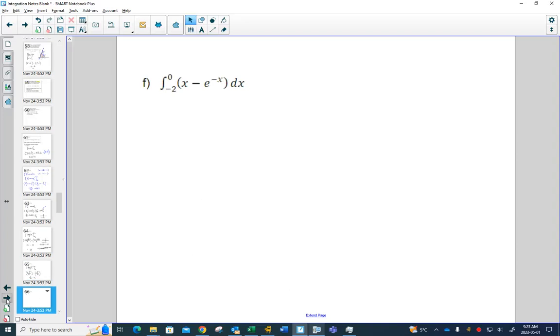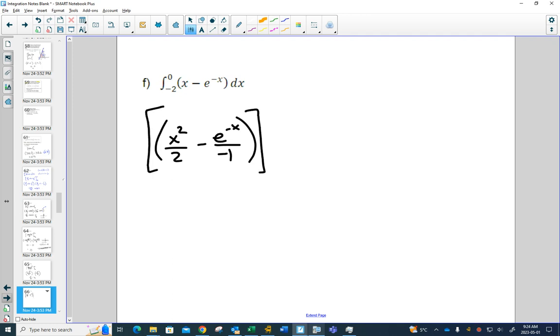And it's also possible to do them to the left of your y-axis. So if we were doing from -2 to 0, okay, we would get x squared over 2 minus e to the minus x over minus 1, square bracket that.